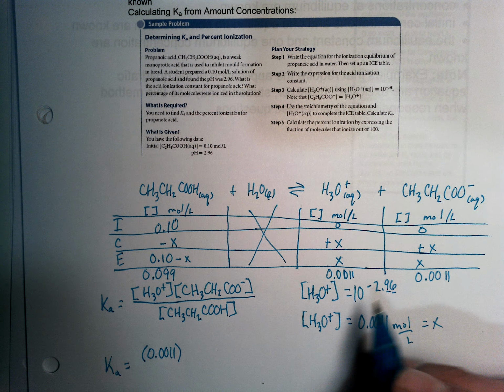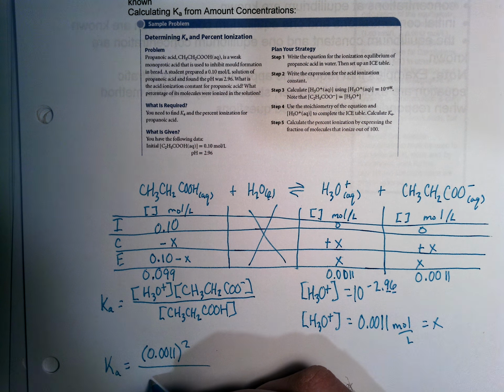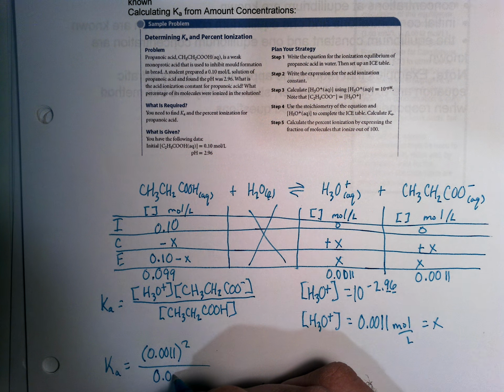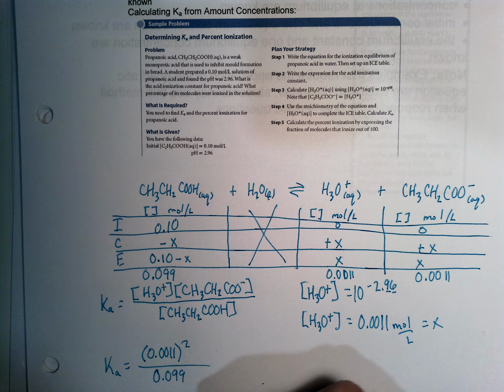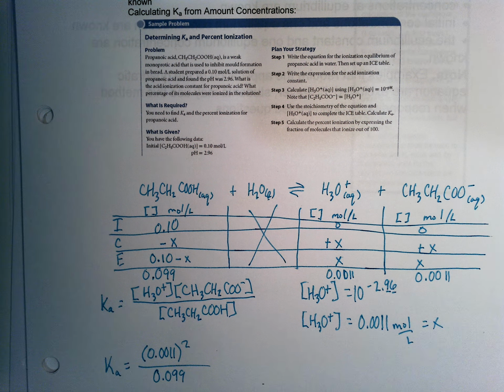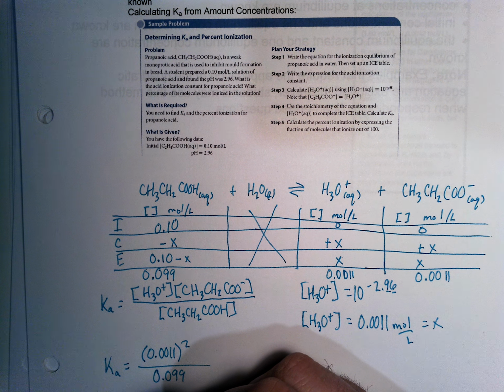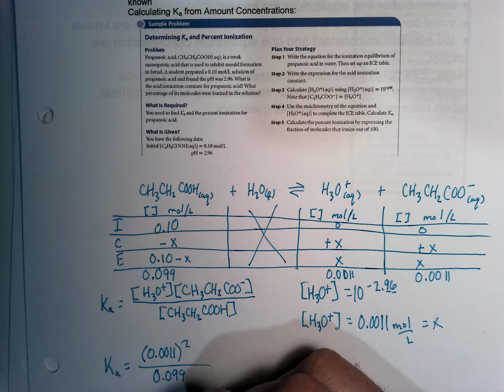These are both the same, so I'll just square that, and then divided by 0.099. So our Ka is equal to, with 2 significant digits, 1.2 times 10 to the minus 5.